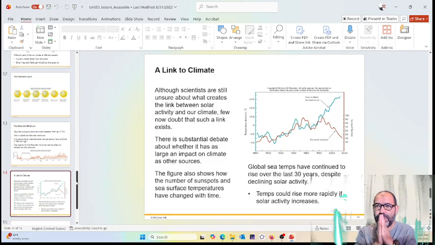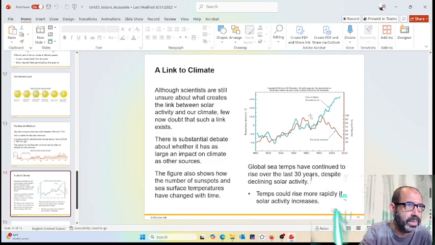If we look at the data from before the 1980s, down is supposed to cause less effect on the heating of the surface temperature of the seas. Before that, there was a one-to-one correspondence, a correlation. As the number of sunspots increased, the surface temperature of the seas also increased, causing warming on the Earth.